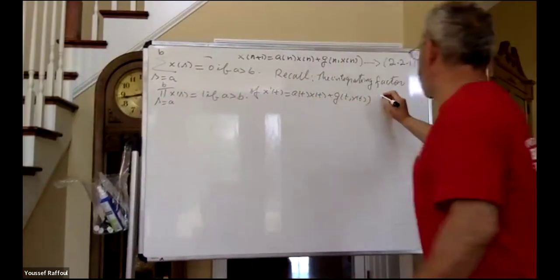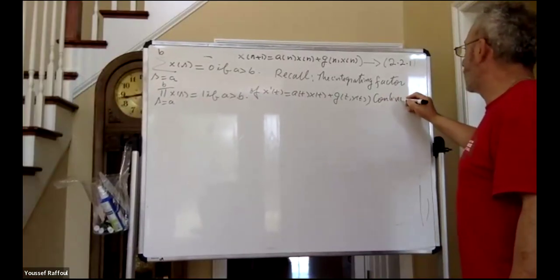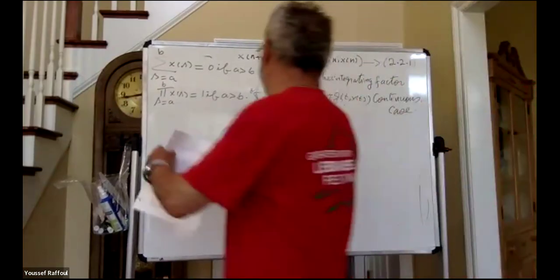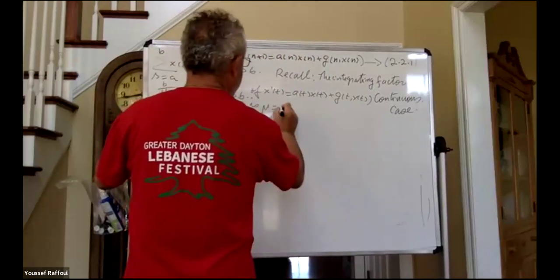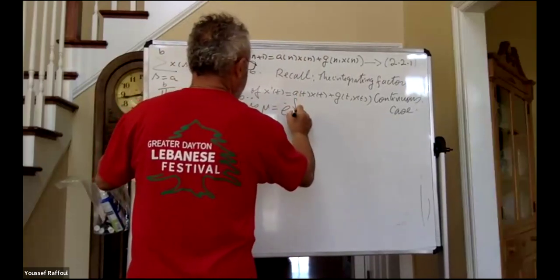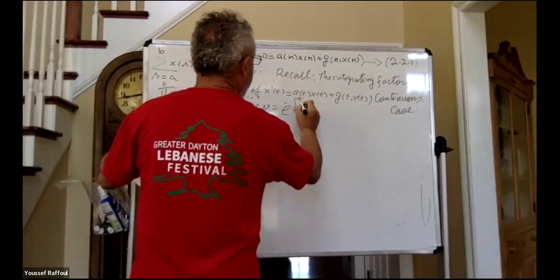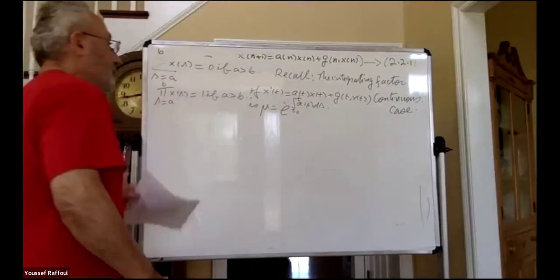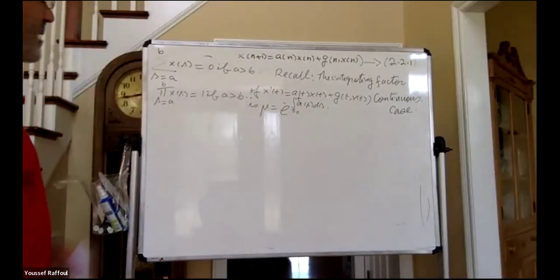This is the continuous case. It is mu equal to e to the minus integral from t_0 to t of a(s) ds. So that is called the integrating factor.